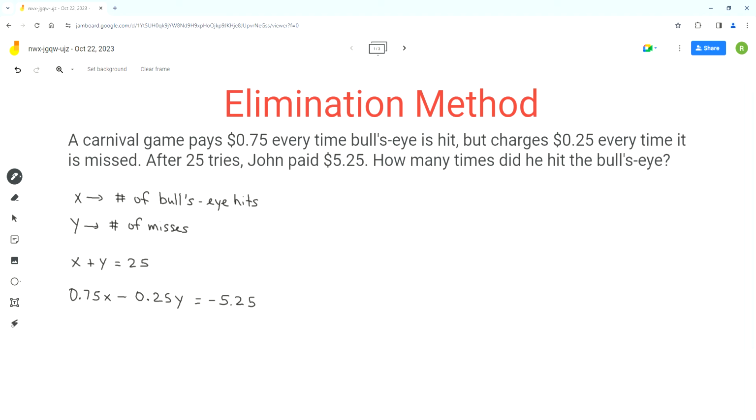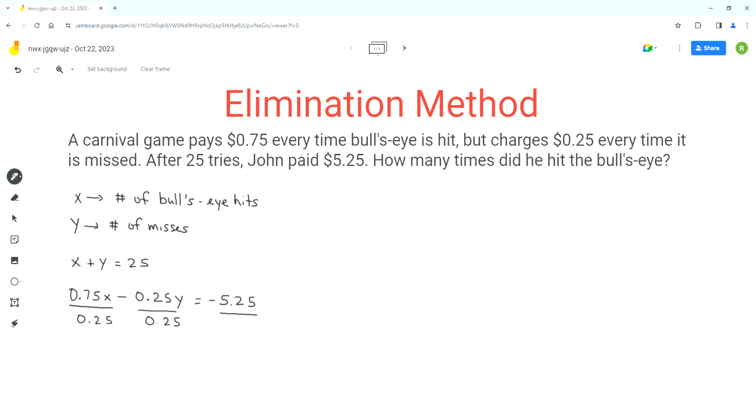The first thing we can do here is simplify this second equation. Each of these coefficients, 0.75, 0.25 and negative 5.25, is a multiple of 0.25. So we can simplify this equation by dividing each term by 0.25, which gets rid of the decimals.